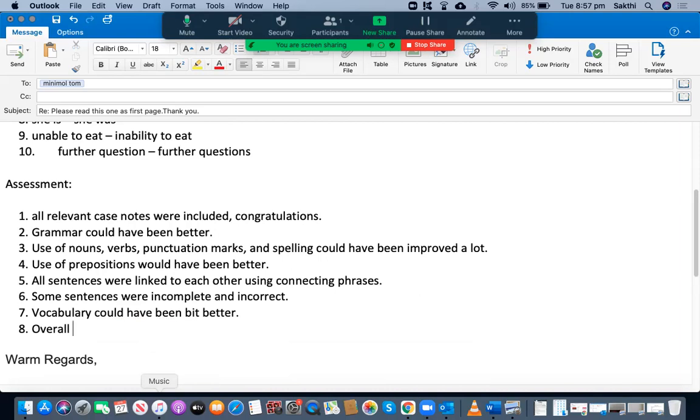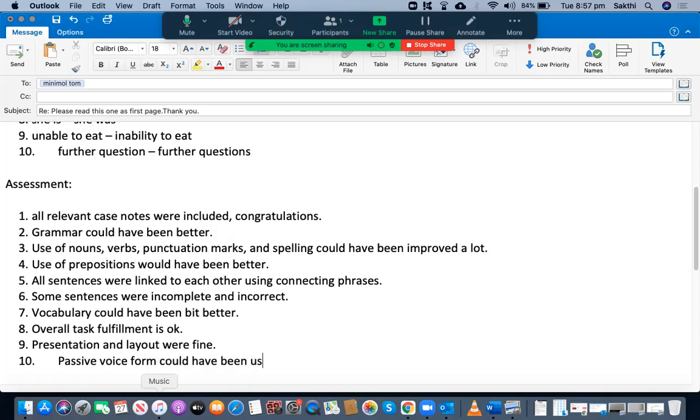Overall task fulfillment is okay. I'm happy with that. Presentation and layout were fine. Passive voice form could have been used more frequently.